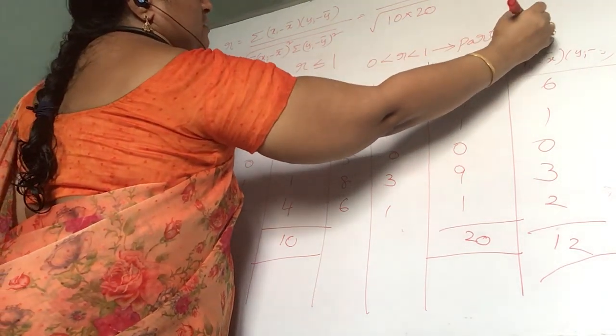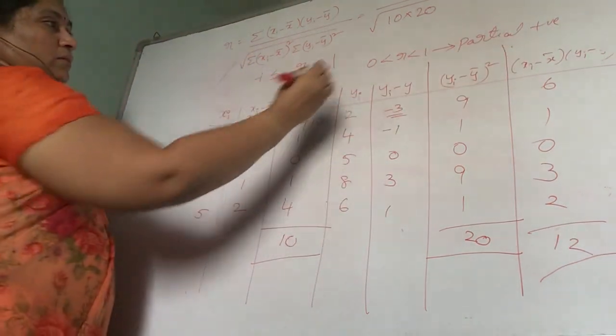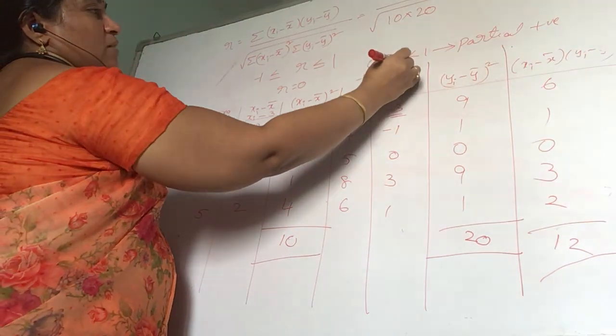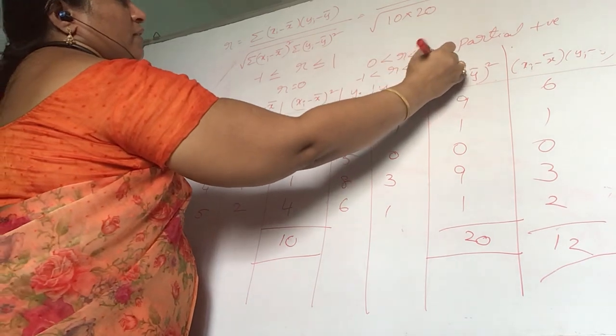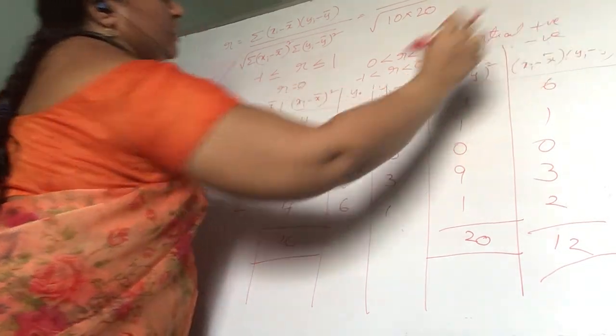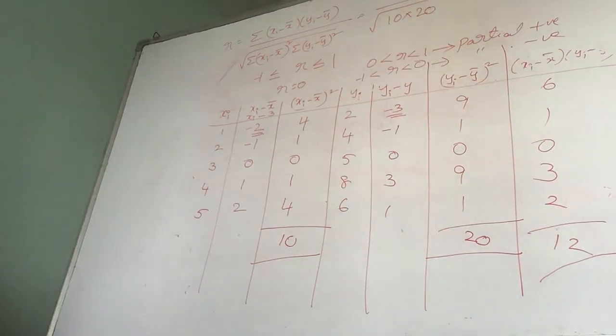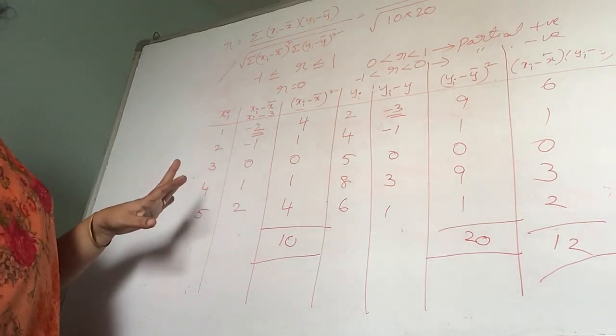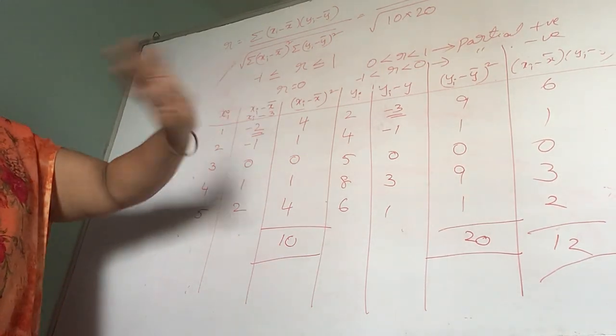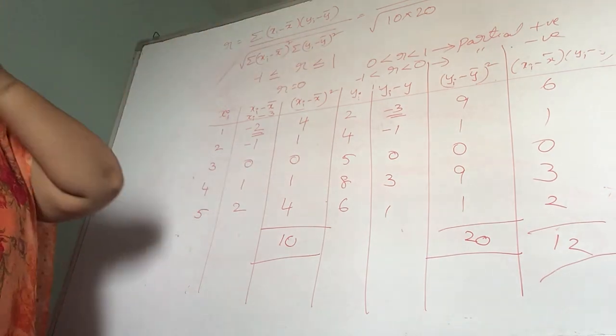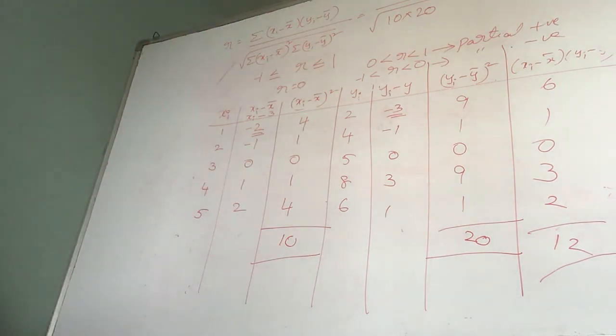If r value lies between -1 and 0, then there is a partial negative correlation between the variables. Partial relationship only. If it is positive, partial positive. If it is negative, this is partial negative correlation.